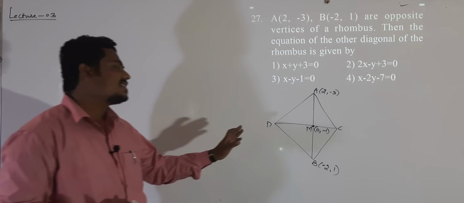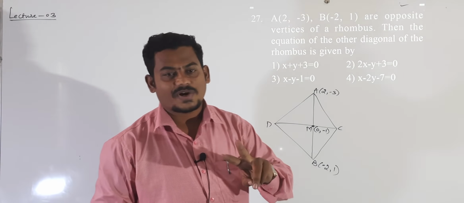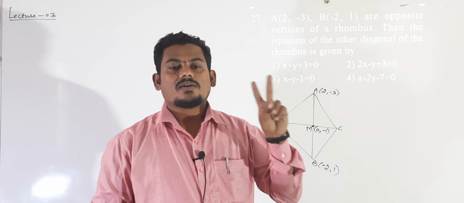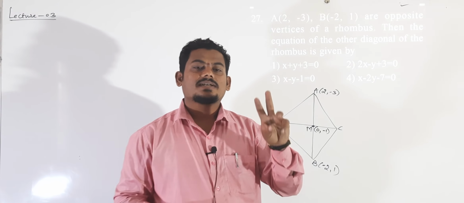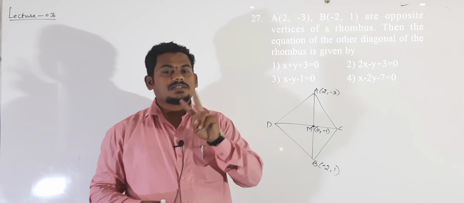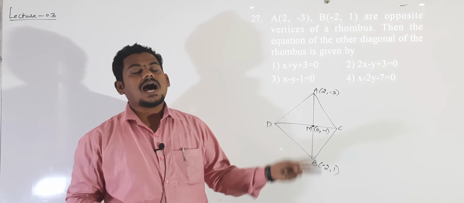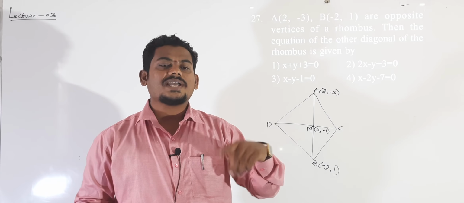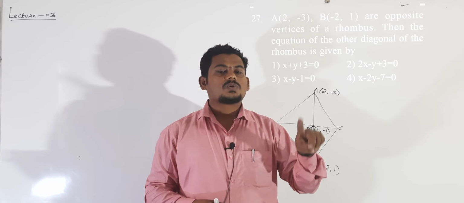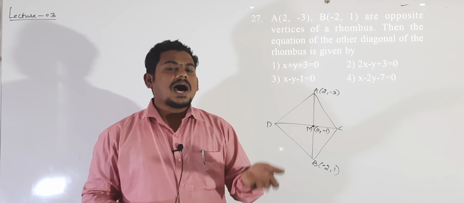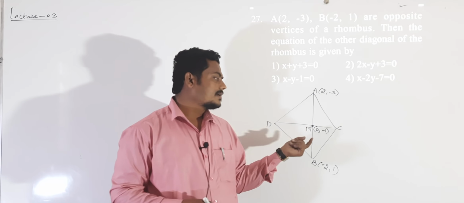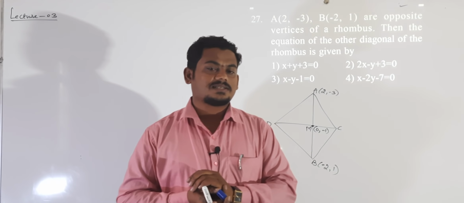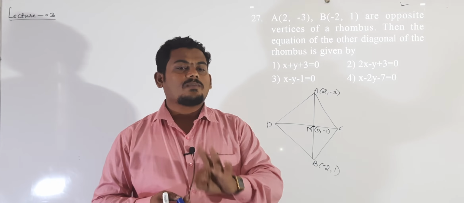For finding the equation we need at least 2 points, or slope and 1 point, or intercepts, right? For finding the equation of the line we need 2 parameters, slope and 1 point.